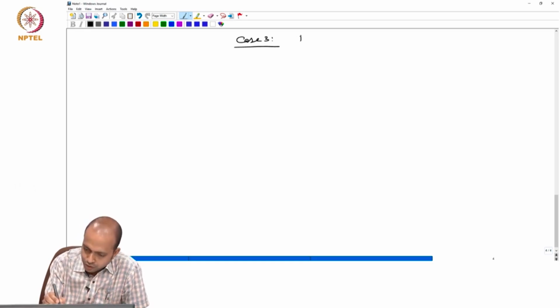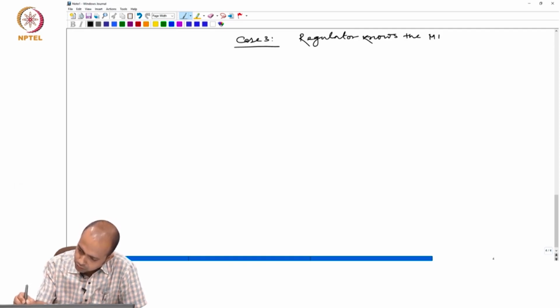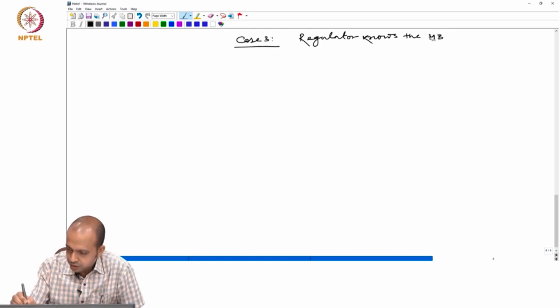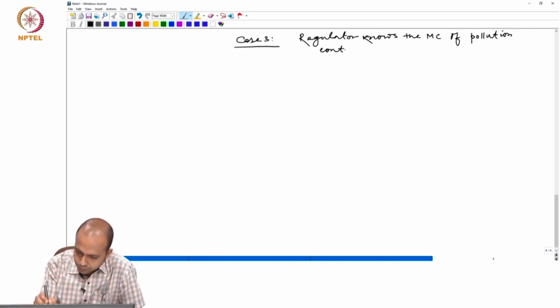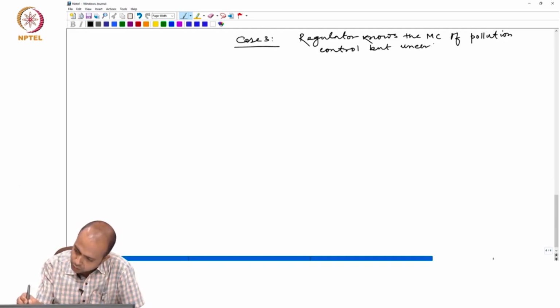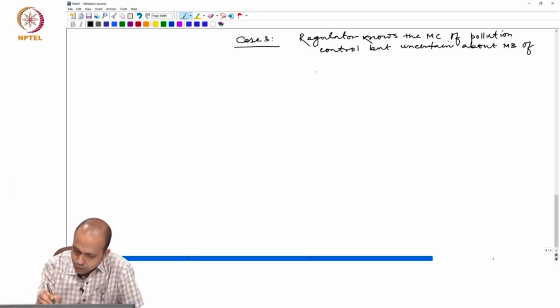Case 3, regulator knows the MC of pollution control, but is uncertain about MB of pollution control.